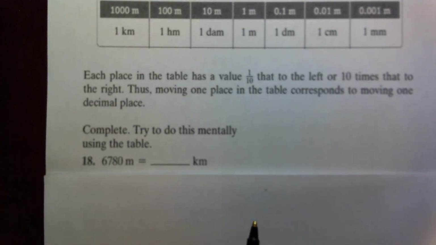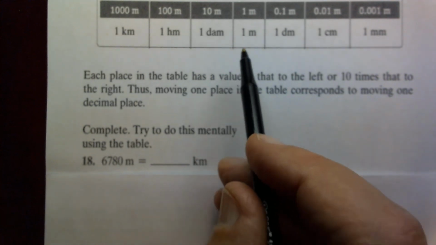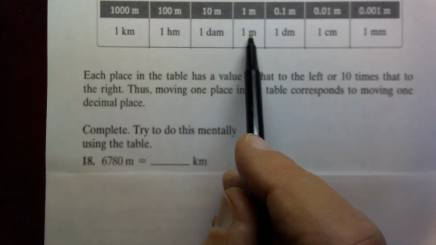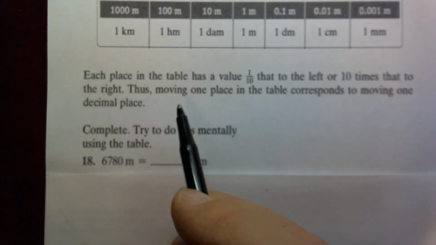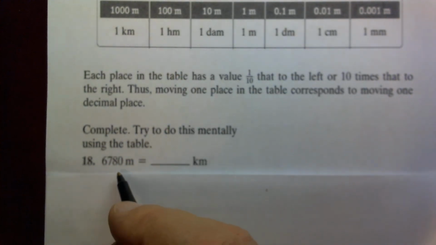So in number 18, we want to convert 6,780 meters into kilometers. When we go from meters to kilometers, we go 1, 2, 3 to the left. So that means the decimal is here.